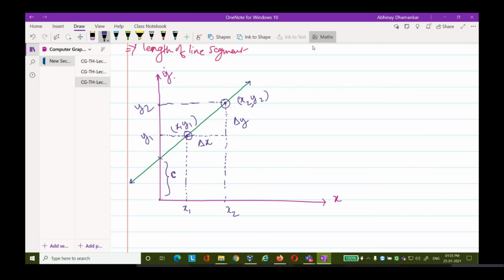Based on that we have to discuss a couple of sections next time. So what will be the line and line segment?